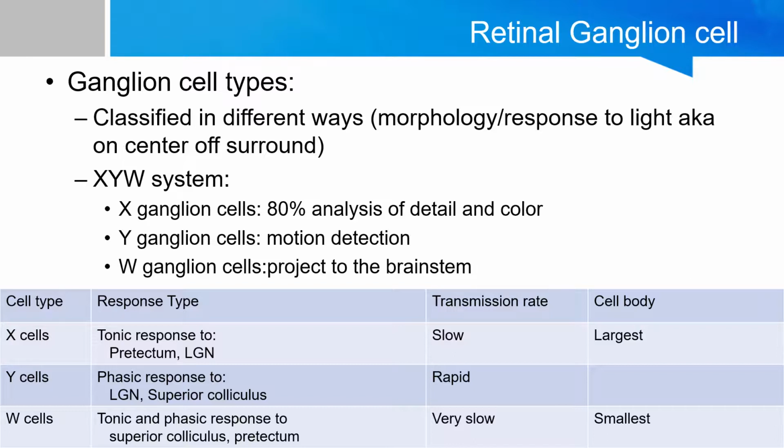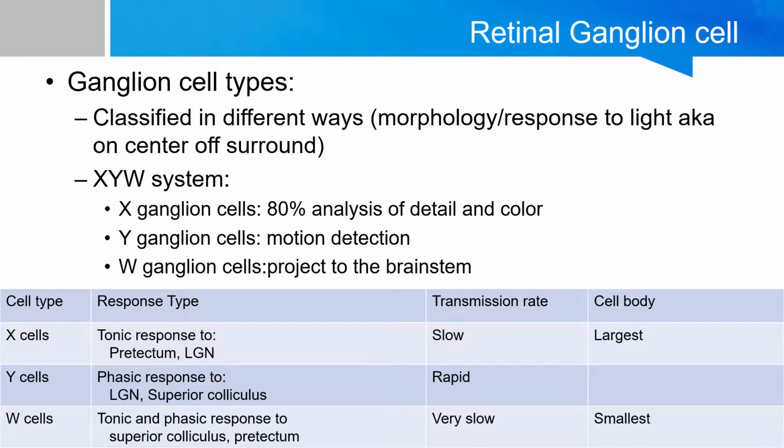The table on the bottom shows the different retinal ganglion cell types and their differences. I don't really have a good way to remember the whole table, but in terms of the response type, I'd like to think of that there are only 3 places that the ganglion cells can respond to.